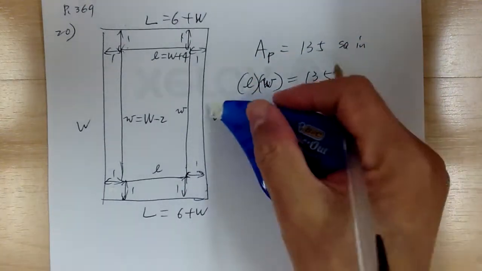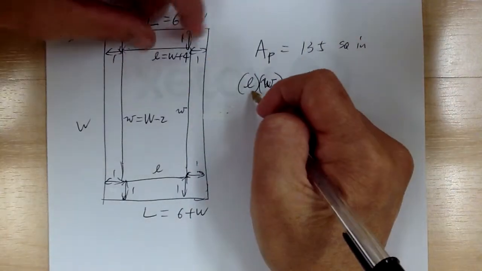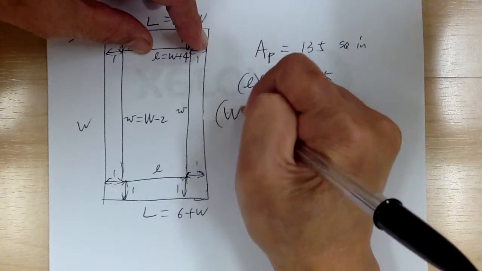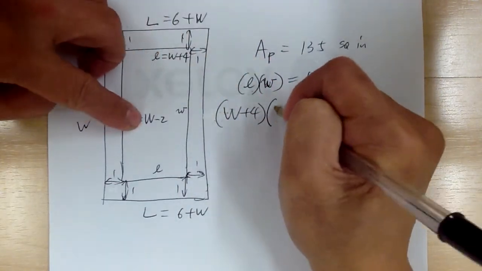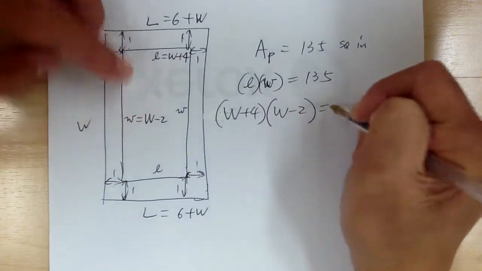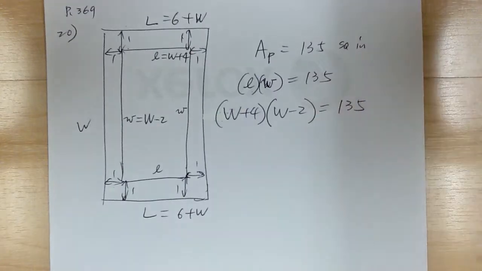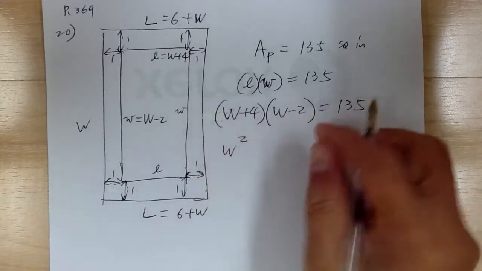I'm going to get rid of this so you don't get confused. Okay, so this one, the small l is equal to big W plus 4. Okay, the small w is big W minus 2. Okay, so again, draw your picture so you can keep track, so you don't get confused. So now you can multiply out, and you can use a shortcut, right?